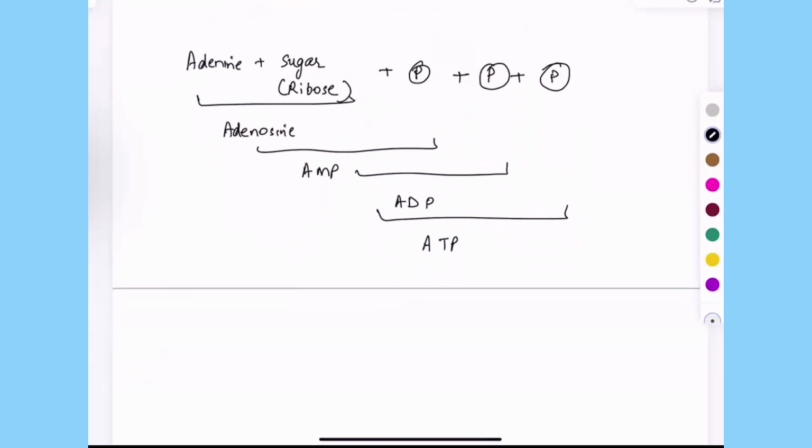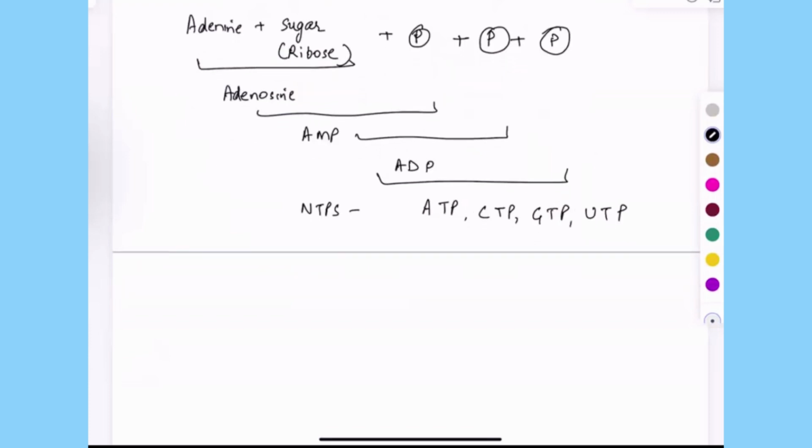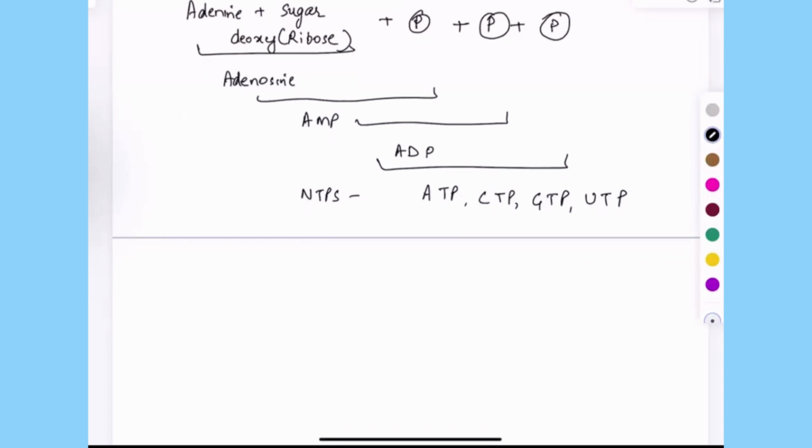Similarly, we have ATP, CTP, GTP, and UTP, and these are called NTPs for RNA. For DNA, the sugar is deoxyribose sugar, and this is the only difference.